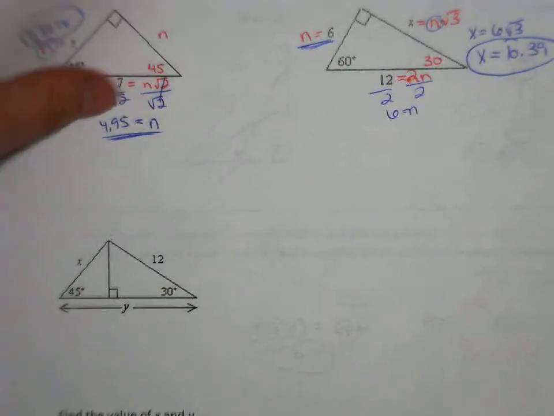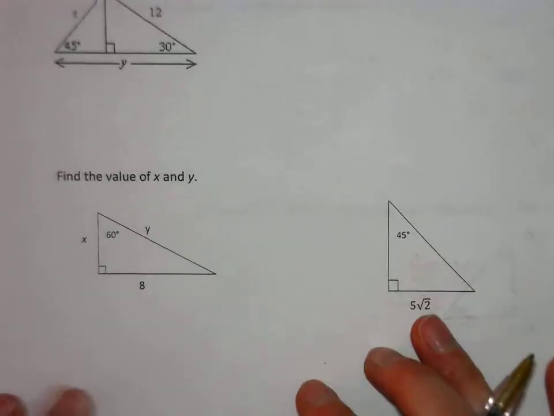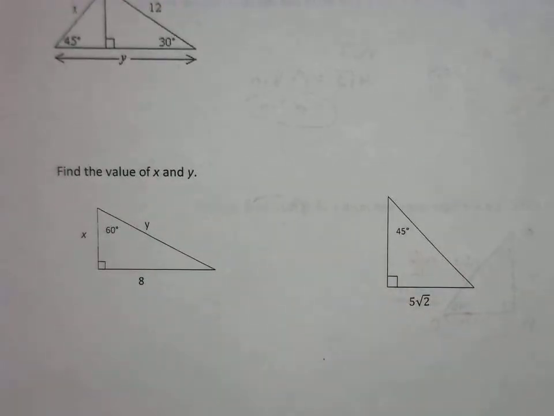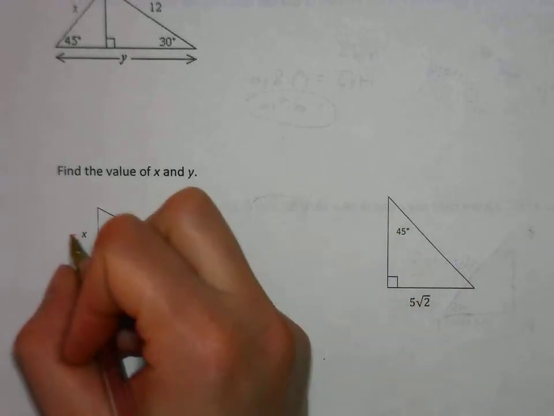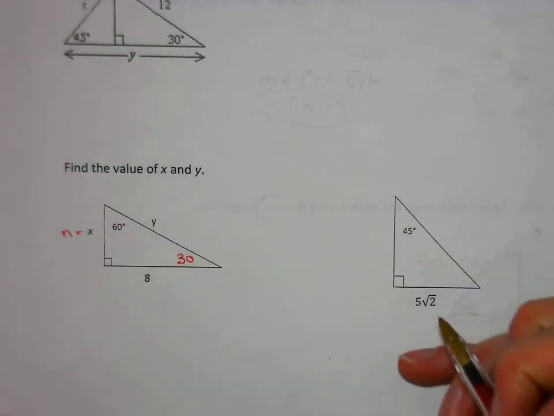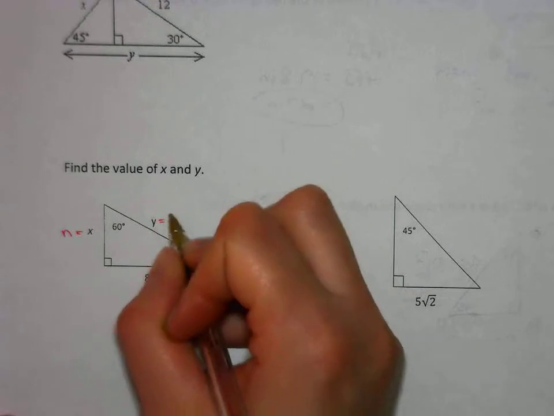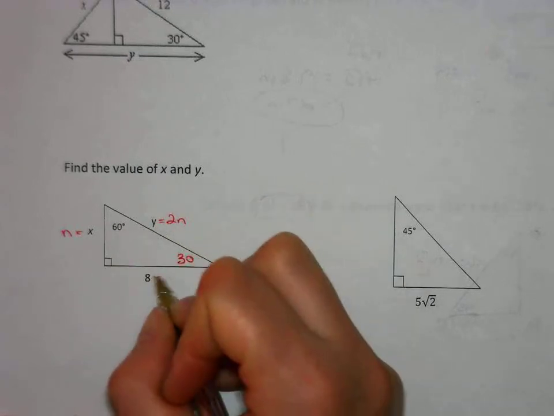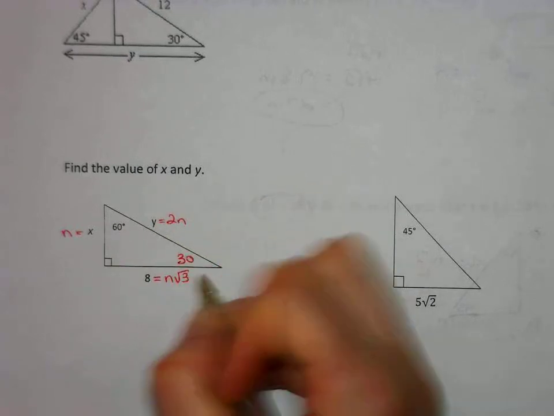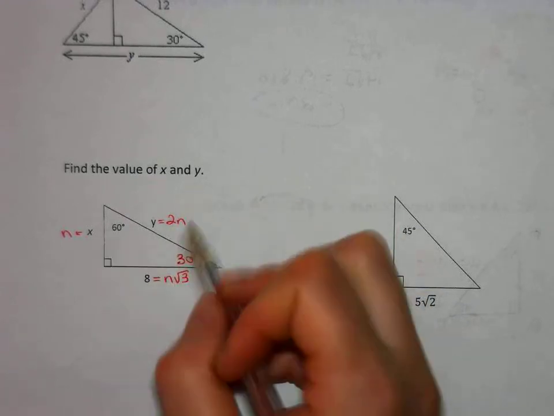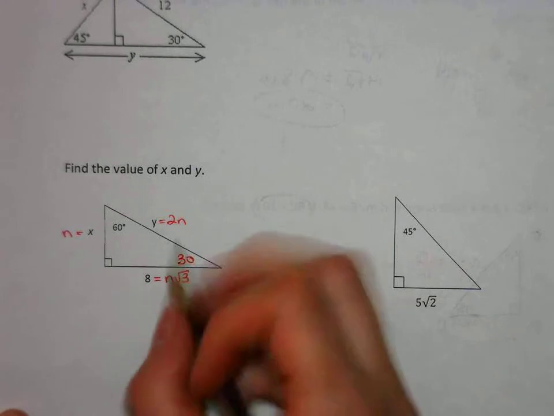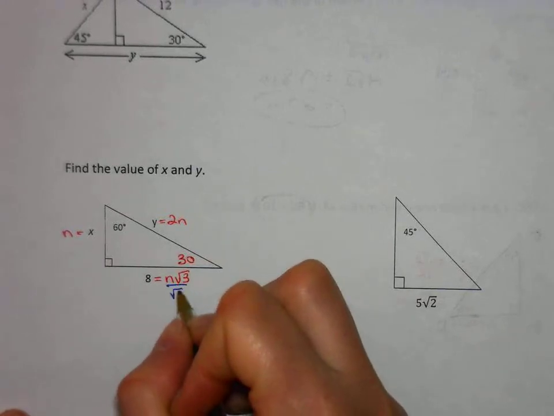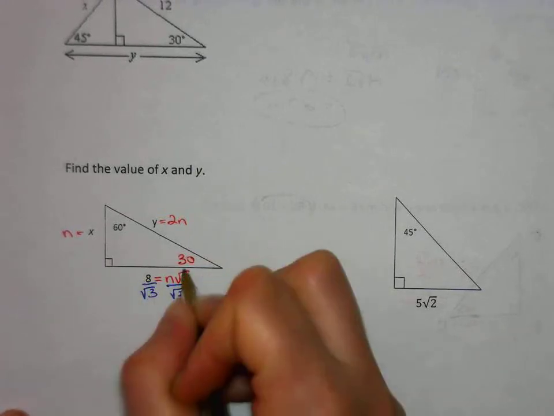Alright, we're going to skip the middle problem for right now. We're going to go back down to the bottom. Here we have a 30, 60, 90 triangle. So when we label, across from the 30 we always have n. Across from our 90 is 2n. Across from 60 is n square root of 3. So if that's given to us, we don't know what n equals. So first we want to solve for n and get it by itself. We're going to divide both sides by the square root of 3.